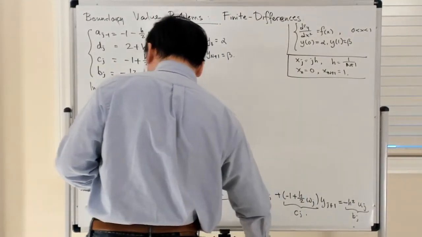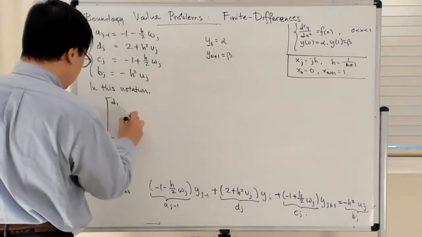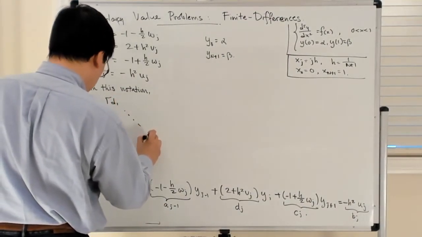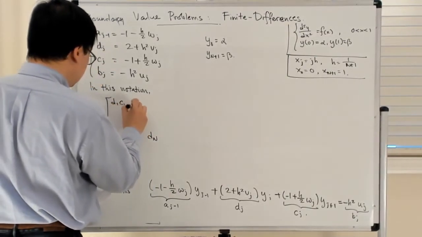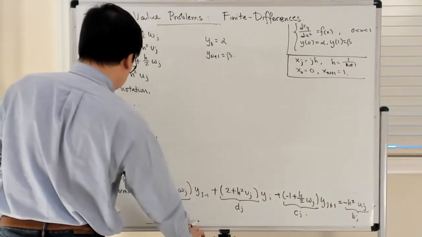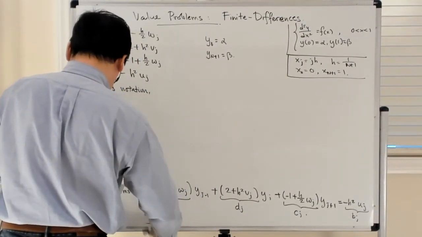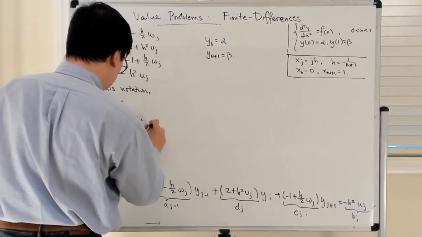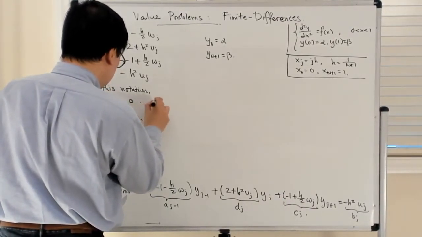You have d1 to dn as before, c1 to cn minus 1, and then zeros.